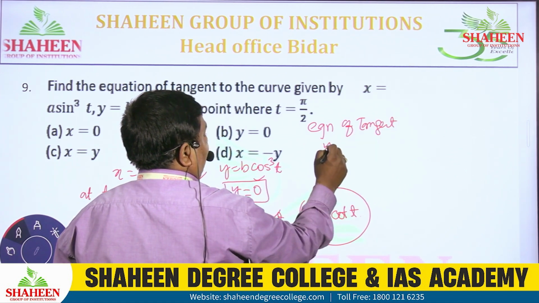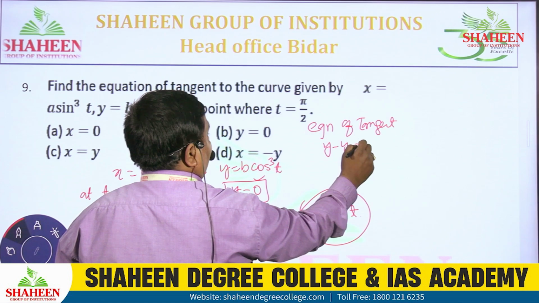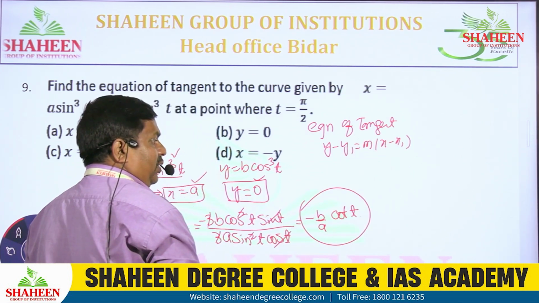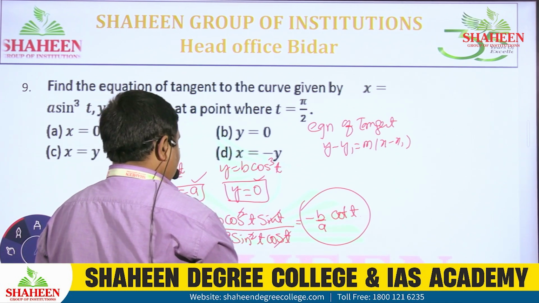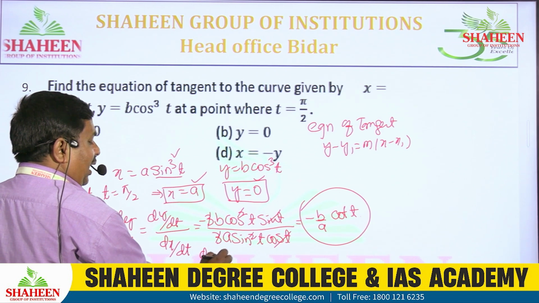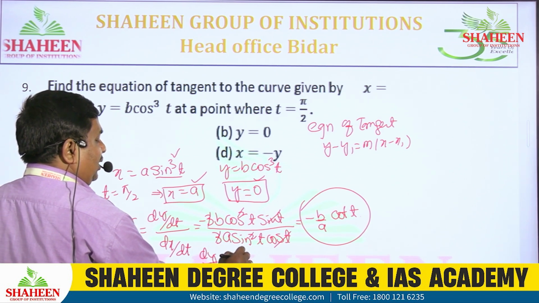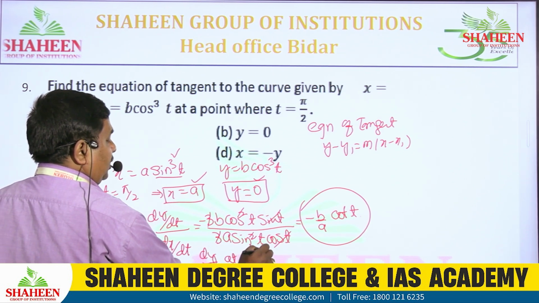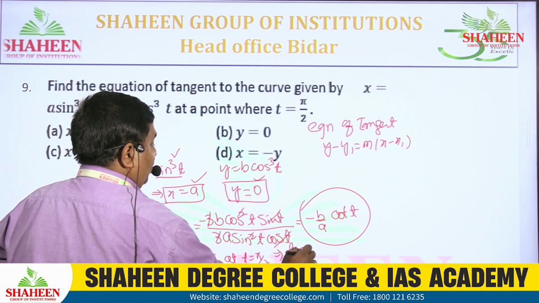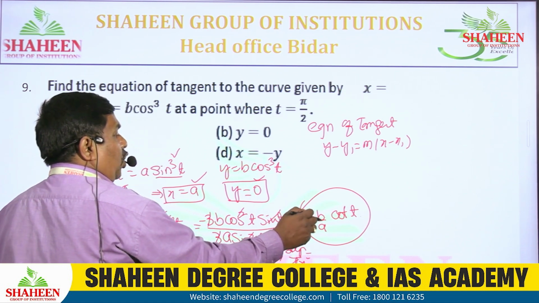Formula is y minus y1 is equal to m into x minus x1. And dy by dx at t is equal to pi by 2 becomes cot pi by 2.